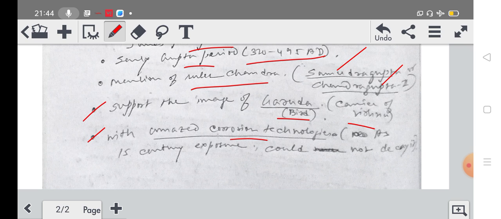It is an amazing thing: near about 15 centuries of continuous exposure has not decayed this pillar, and even now the inscription is very lucid and clear. So an advanced corrosion prevention technology was used at that time. Remember it.